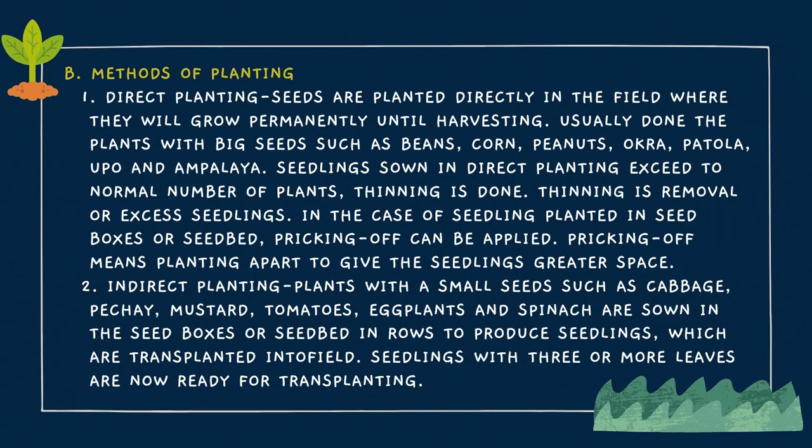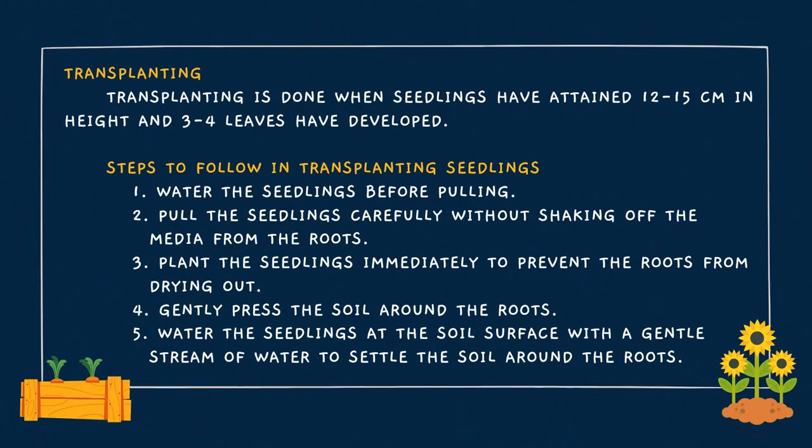Seedlings with 3 or more leaves are now ready for transplanting. Transplanting. Transplanting is done when seedlings have attained 12 to 15 centimeters in height and 3 to 4 leaves have developed. Steps to follow in transplanting seedlings.